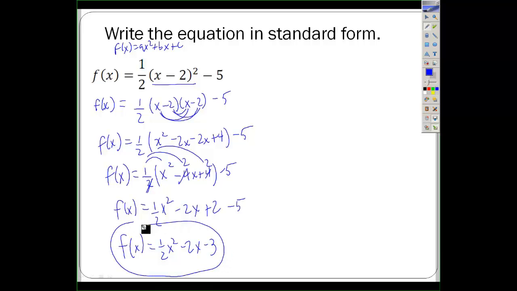Okay, and this will be in standard form. In both, it tells me it's going to be a little bit wider. It's going to open up. I'll have a minimum value. Same thing here. It tells me on this one the vertex should be at 2, -5. Down here it's going to be a little more work, but we can still find the vertex by taking the opposite of b over 2a. All right, so one more time, you need to know how to do both forms.